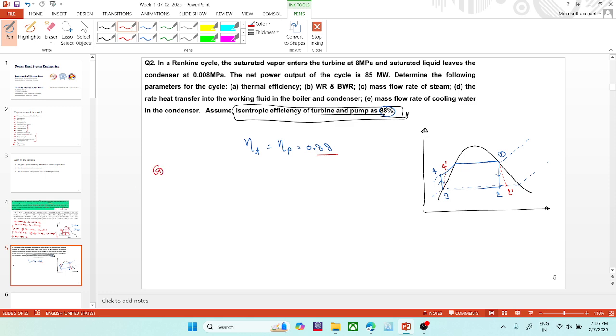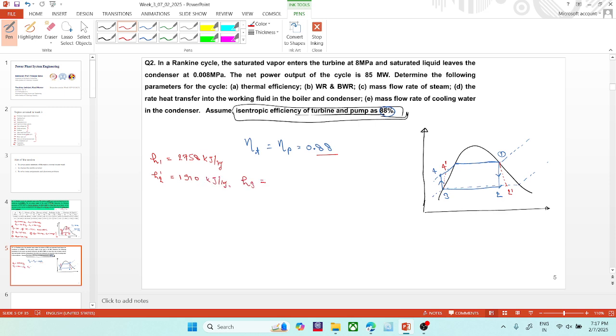So for part A, first let me write all the values of enthalpies here. The H1 value will be the same, 2758 kilojoule per kg. Here H2 dash would be different, and this value will come as 1910 kilojoule per kg.